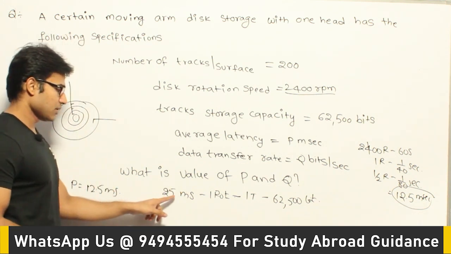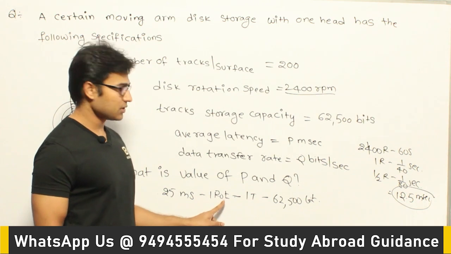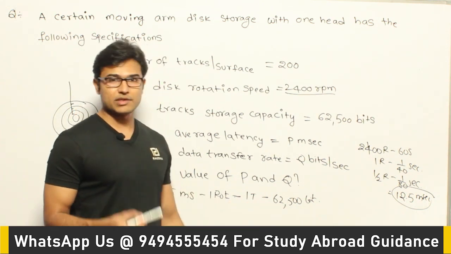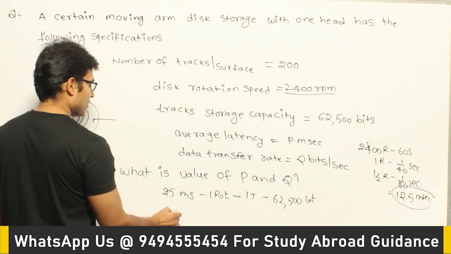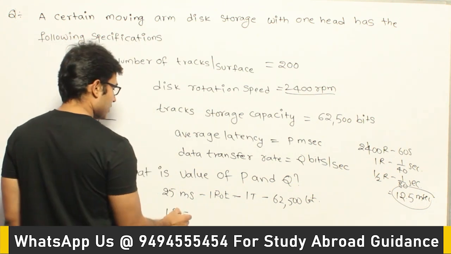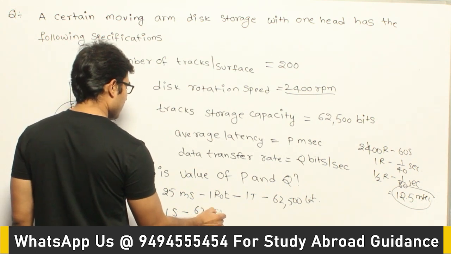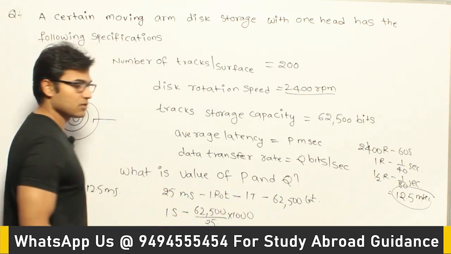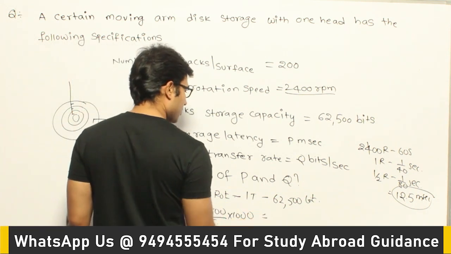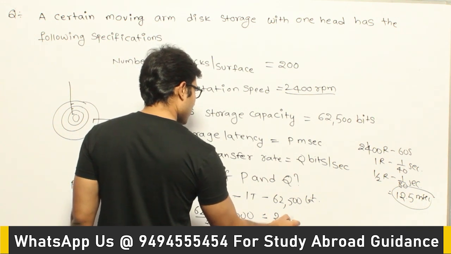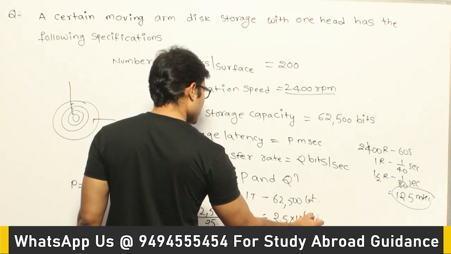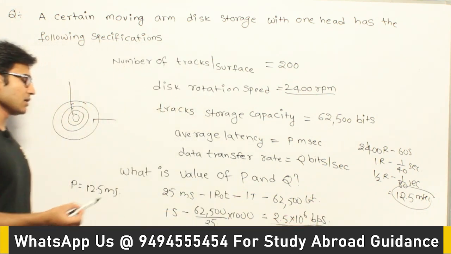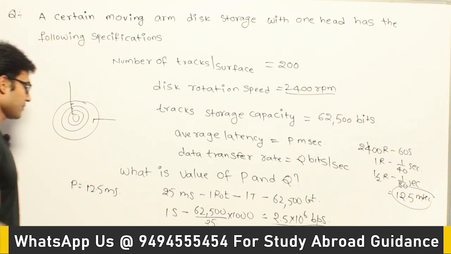So in 25 milliseconds I can cover one rotation, which means one track will be covered, that means 62,500 bits can be covered. Therefore in 1 second how much can I cover? In 1 second I can cover 62,500 divided by 25 into 1000, since milli is 1000. If you compute it, you are going to get 2.5 into 10 power 6 bits per second. So this is the data rate, which means this is the rate at which you can get the data out of this disk. Okay, fine.